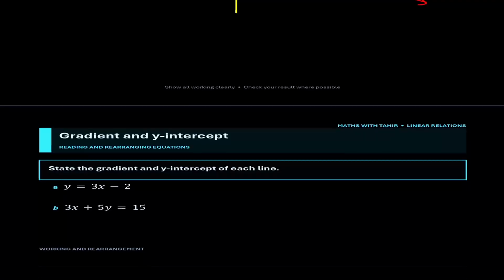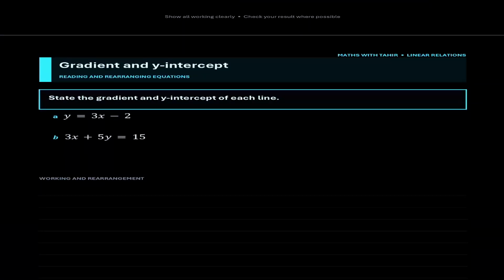Okay. How about this question? State the gradient and y-intercept of each line. Okay, so firstly, we have y equals 3x take 2. And this is exactly in the form of y equals mx plus c. So m is our gradient, which in this case we could just see is 3.